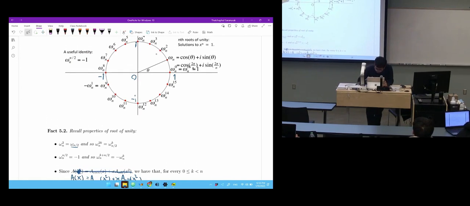So omega n squared is just omega n/2, right? I'm not sure how much algebra you like. Does this make sense to you? Okay, good.